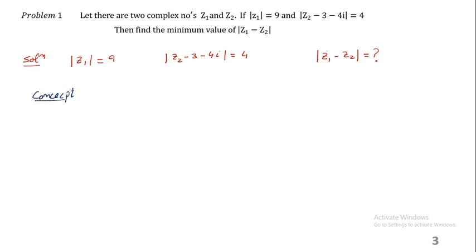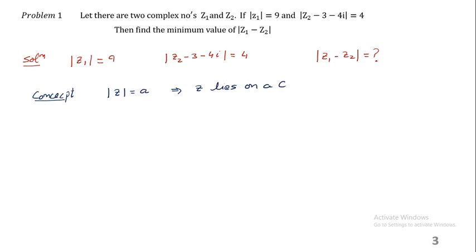Suppose we are given an equation like this: magnitude of z is equal to a. It has a geometrical meaning. It means that z lies on a circle.